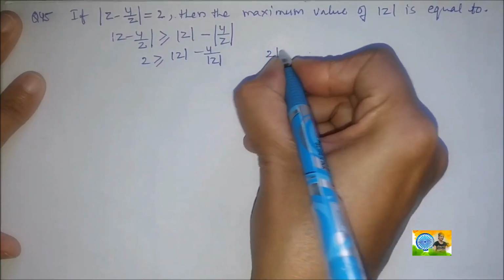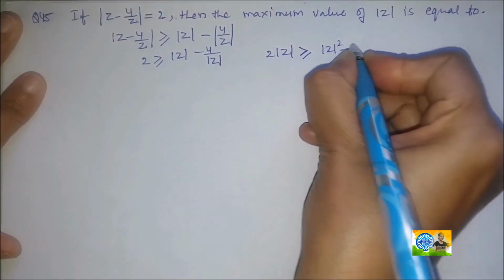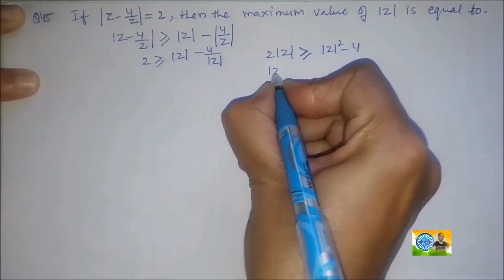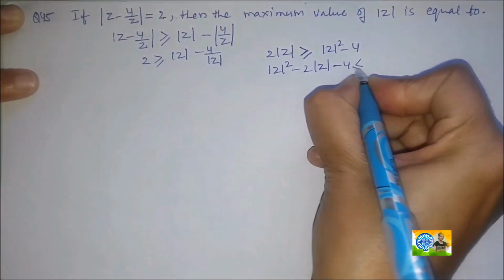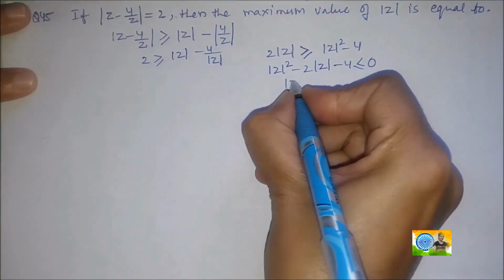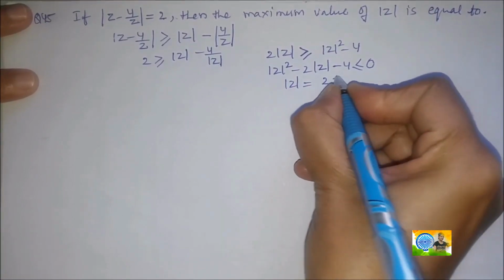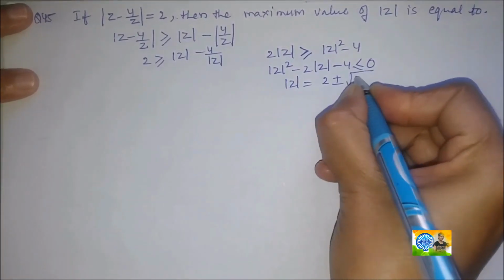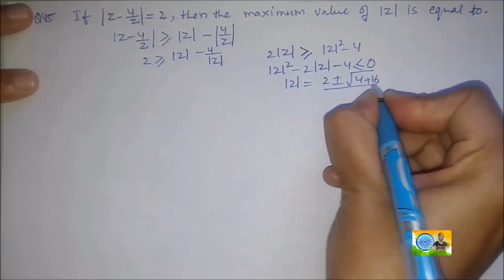This will give me 2 mod z is greater than or equal to mod z square minus 4. Or we can write mod z square minus 2 mod z minus 4 is less than or equal to 0. And this is a quadratic equation, so mod z equals minus b, that is 2, plus minus under root of b square, this is 4, minus 4ac, this will be plus 16, upon 2.